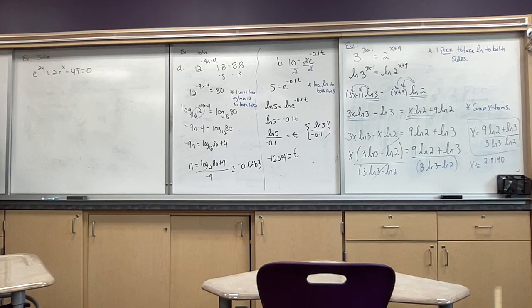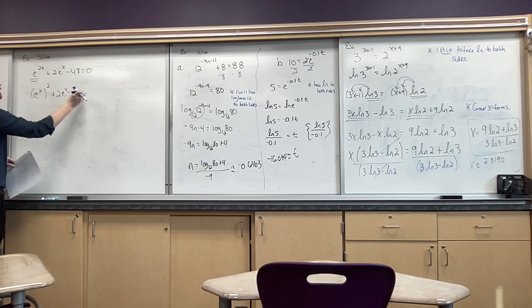I don't have that capability. But one of the things that kind of screams out to me is e to the x is something they have in common, these two terms. And I could rewrite this to where there's like a square term, like a quadratic term. So let me rewrite this part right here. So this is the same thing as e to the x raised to the second power. That's equivalent. Okay? Plus 2e to the x minus 48 equals 0.